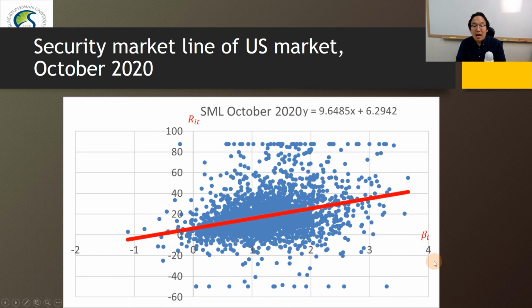I estimated the beta, right? You see 3,000 plus dots over here in our scatter plot. Wow. And then beta is on the x-axis. And then for each different stock, I got the future return, 1 month return going forward in October, right?